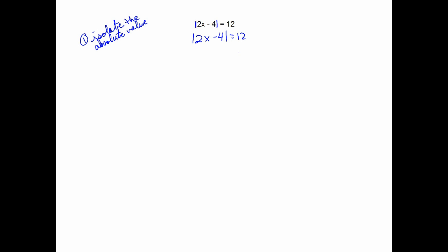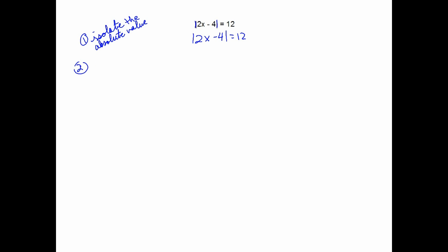The next thing that we want to do is remember that absolute value bars, absolute value is always going to equal a positive and a negative. So we're going to change the other side to a positive and negative. We're going to split it.